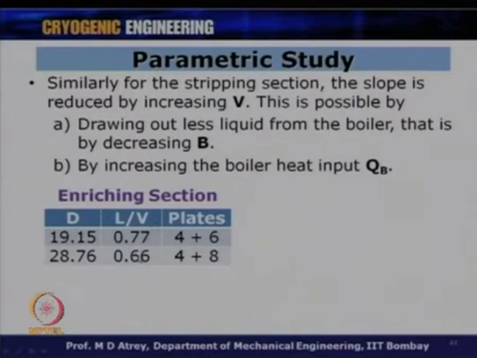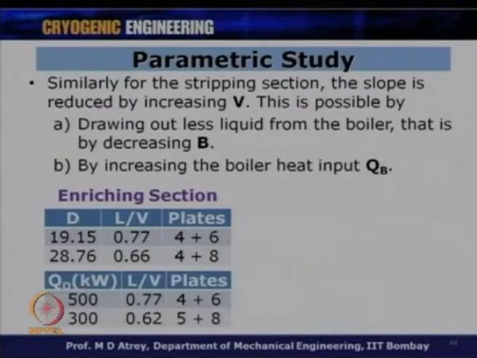So, as L by V decreased, the operating line shifted towards the equilibrium curve, which resulted in the increase of the number of plates. So, simple fact, if your line's slope shifts towards the equilibrium curve, the number of plates would increase. The second parameter which we just saw was QD.